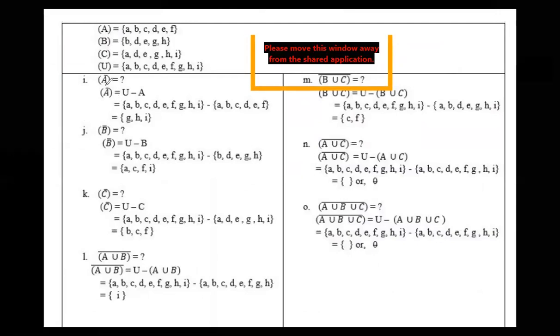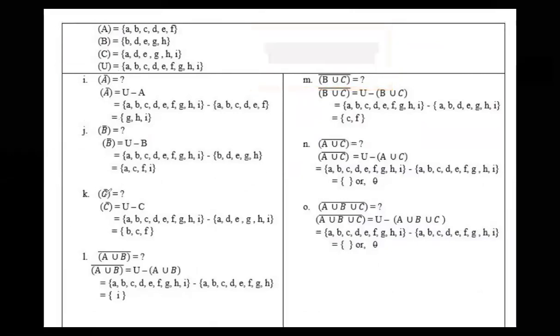So there is complement. We have learned this complement topic in class 8 also. Complement means except A. B complement is there, C complement. So what do you mean by complement?